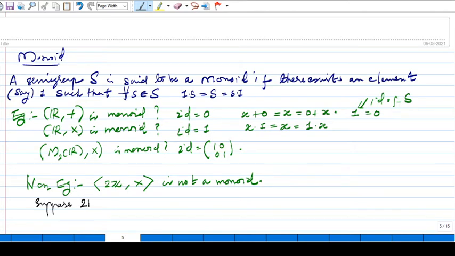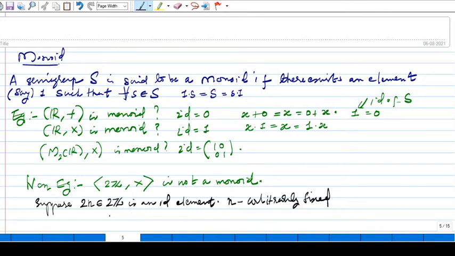Suppose 2n belonging to 2Z is the identity element. This is for fixed n, because n is arbitrarily fixed. Why am I saying arbitrarily fixed? Because I am showing that any element here cannot be an identity element. Now we look at the property of the identity element.